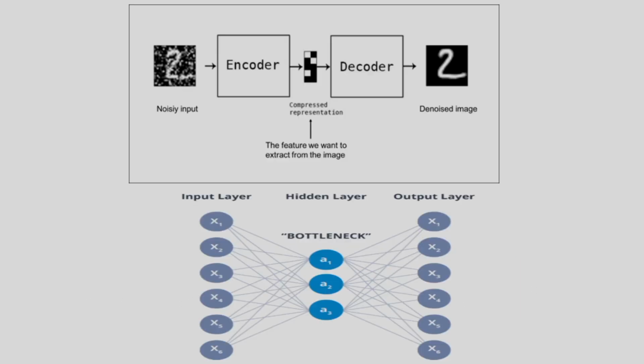In this figure, first I am considering one noisy image, and after this the autoencoder. In the autoencoder, you can see the encoder, then the bottleneck layer, that is nothing but the hidden layer, then the decoder, and the denoised image. So the denoised image is reconstructed. The input is the noisy input image.